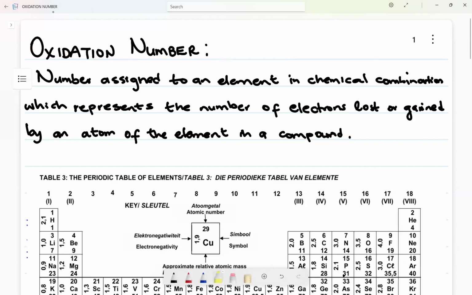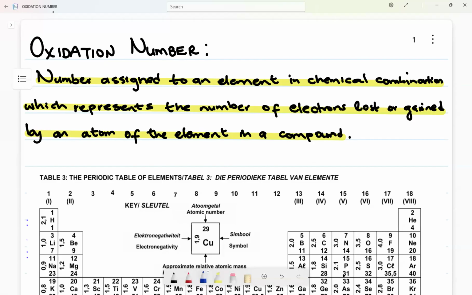An oxidation number is a number assigned to an element in a chemical combination which represents the number of electrons lost or gained by an atom of an element in a compound. Okay, so what exactly do I mean?